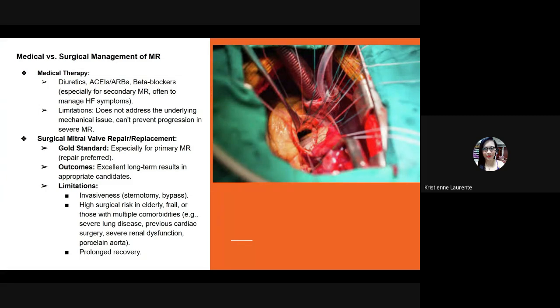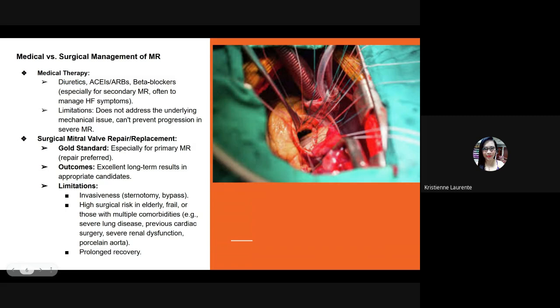If the patient has porcelain aorta, there will be severe calcification of the aorta, making aortic cross-clamping during bypass extremely hazardous. Then severe LV dysfunction in advanced heart failure: the heart may not tolerate the stress of surgery. Other non-cardiac comorbidities include liver disease, active cancer, and severe peripheral vascular disease.